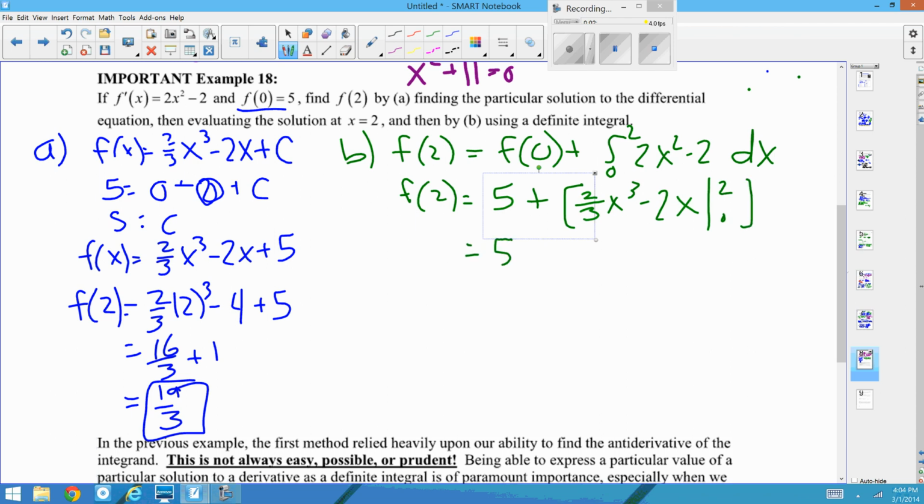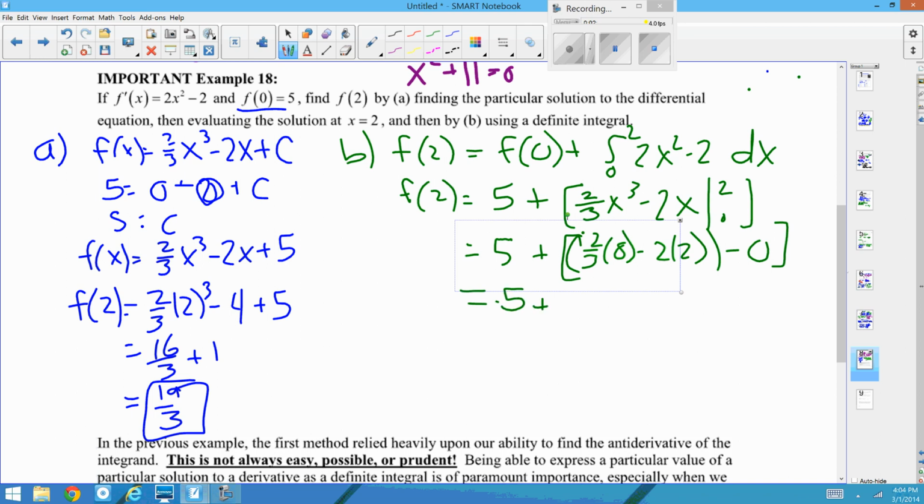So we get 5 plus, and this would be 2/3 times 8 minus 2 times 2, okay, minus 0. So we get 5 plus 16/3 minus 4. So we get the same thing that we got before.